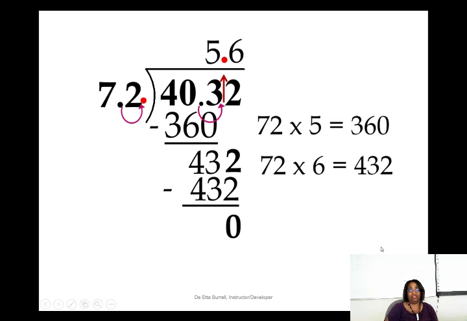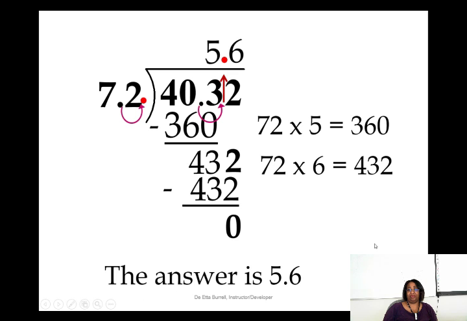Am I finished? Why? There's nothing else to bring down, and my remainder is 0. So I've divided this completely. Sometimes you will have something left over, and you might have to round. So your answer is 5.6.